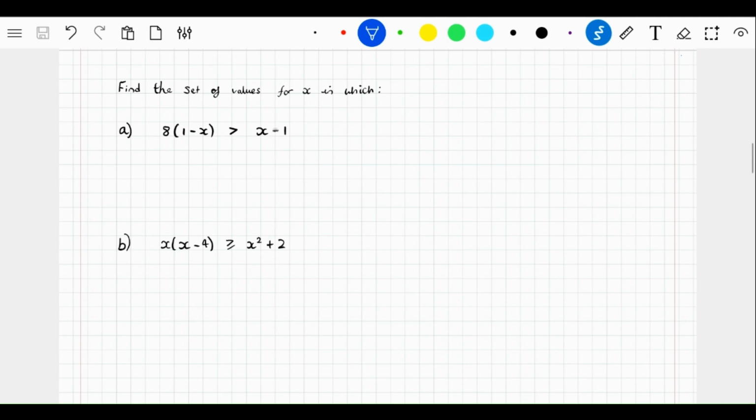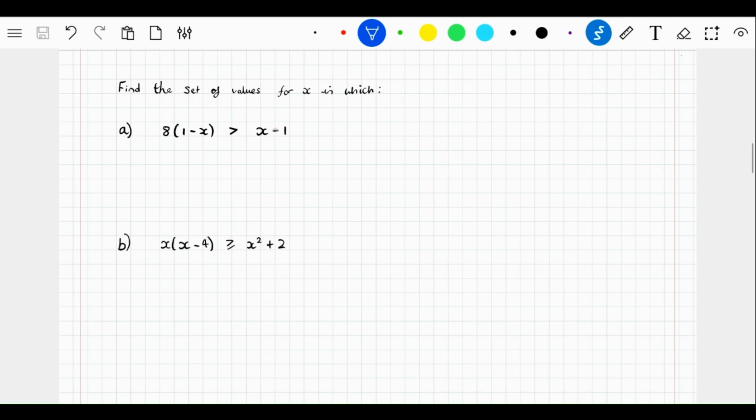So for this next set of questions, we'll be looking at inequalities. And this first one is find a set of values for x in which 8 brackets 1 minus x brackets is greater than x minus 1. So what we want to do is we're going to treat this greater than sign as an equal sign almost.